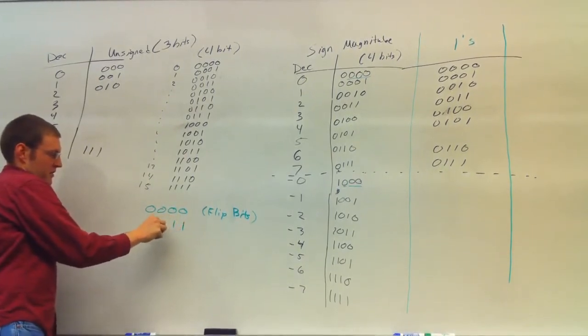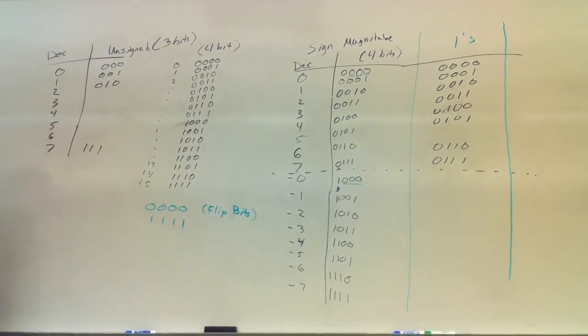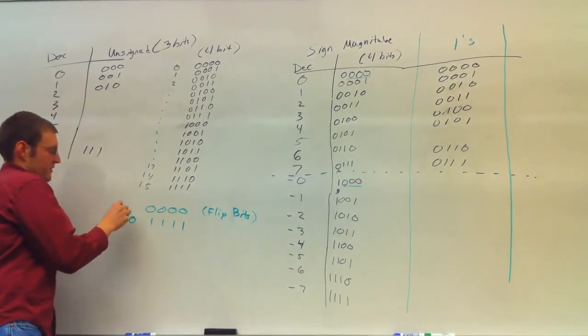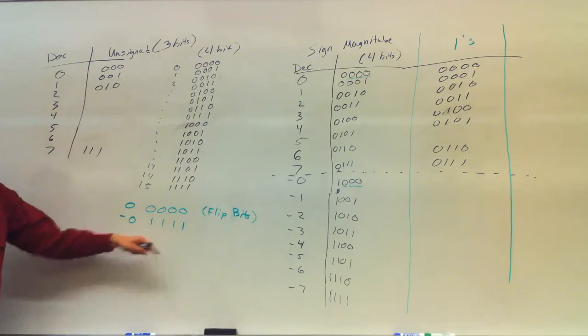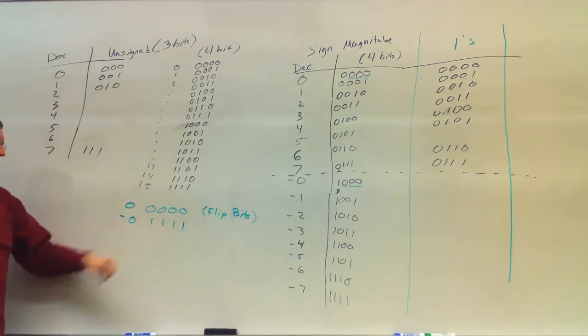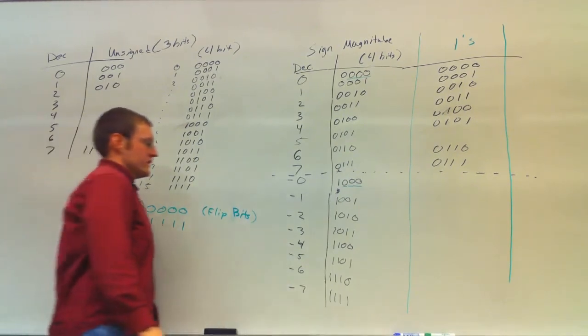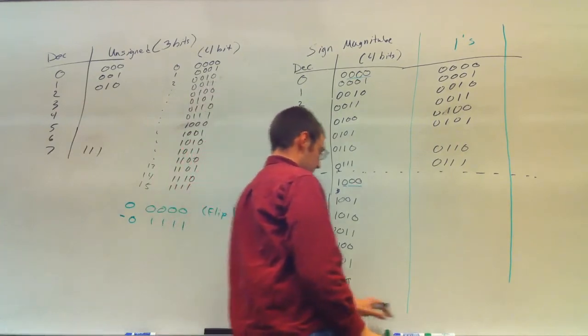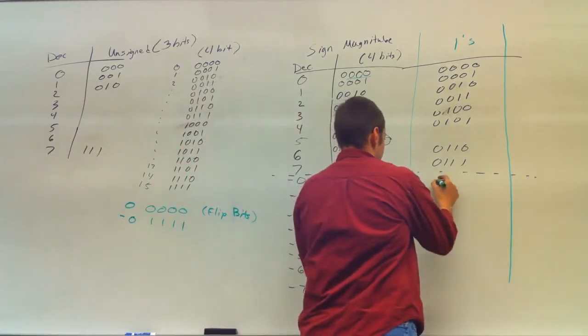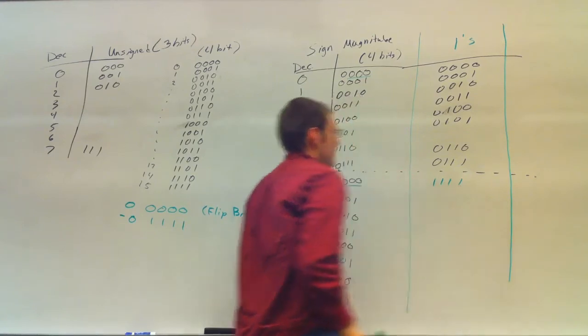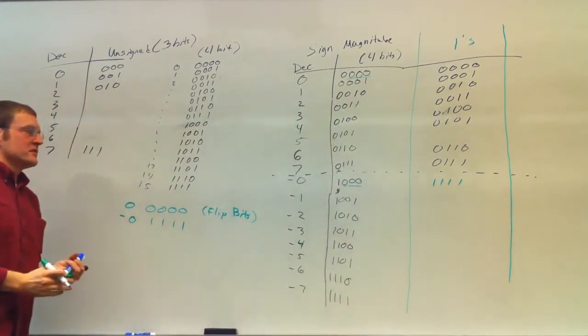So now -0 is going to be 1, 1, 1, 1, 1. So I'm going to go this way as 1, 1, 1, 1 is 2. Right?